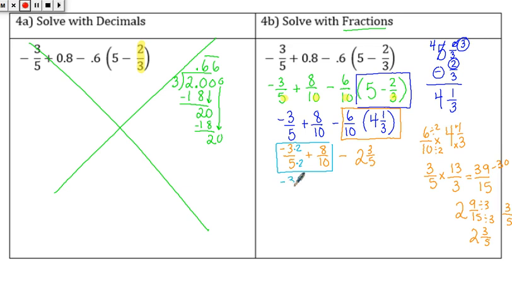So this is now -6/10 plus 8/10. Now these have different signs. We know with different signs we actually subtract them. So 8 minus 6 would give us 2. This will be 2/10. And it will take the sign of the bigger number. The 8 is bigger, so it will stay positive.